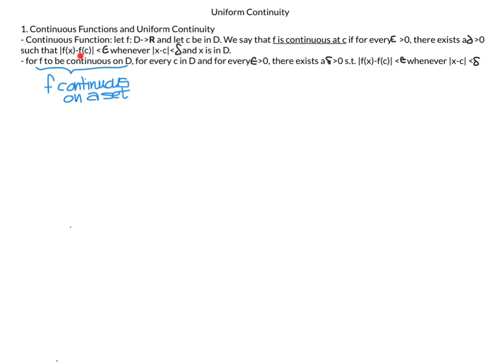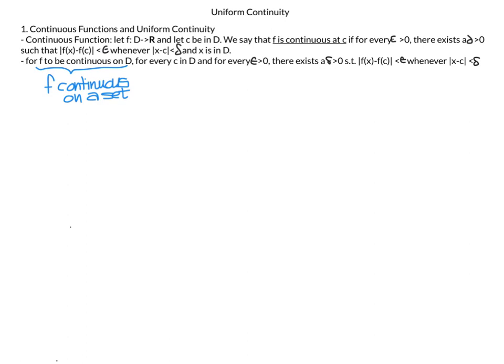So to be continuous on a set D, or on a domain, for every element c in the set D, and for every epsilon greater than 0, there exists a delta greater than 0, such that whenever |x − c| < delta, then |f(x) − f(c)| < epsilon. And it is worth noting for this definition, for every different element c in D, we can have a different delta.